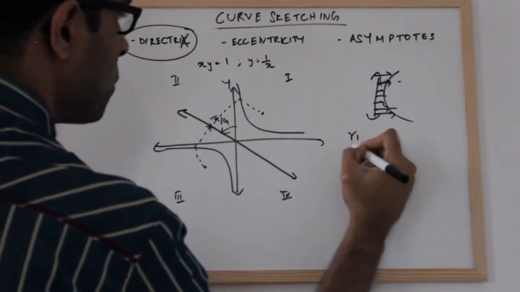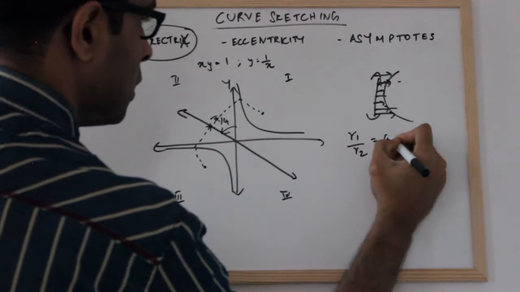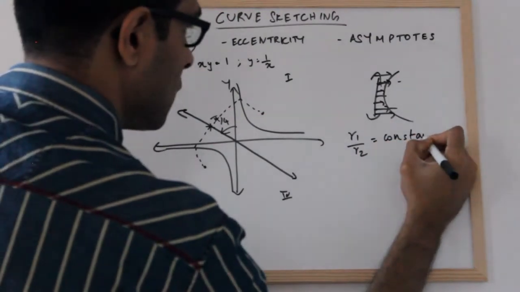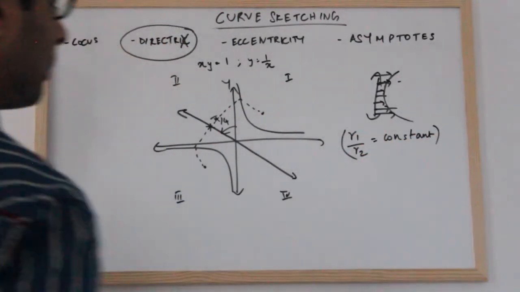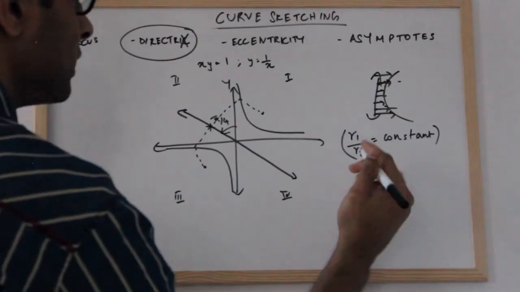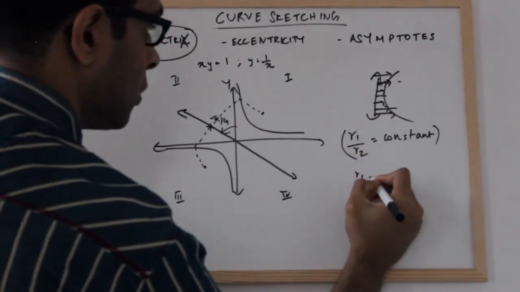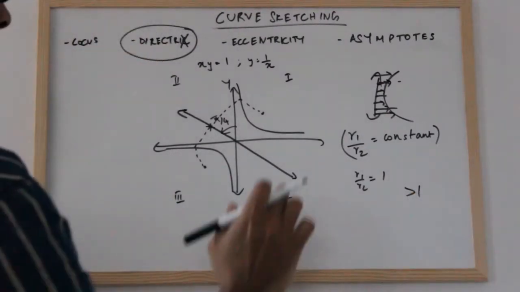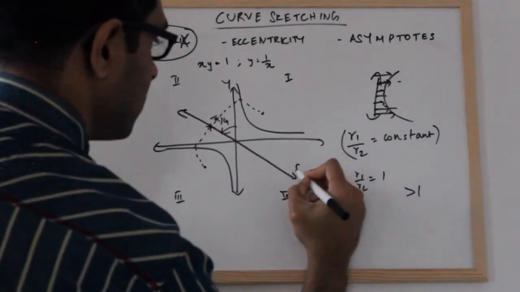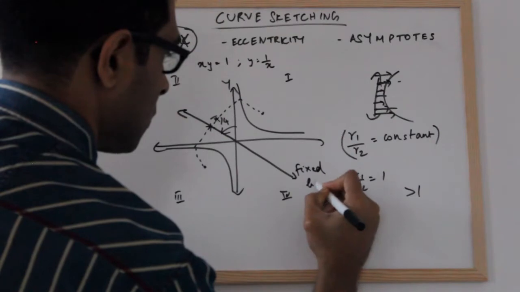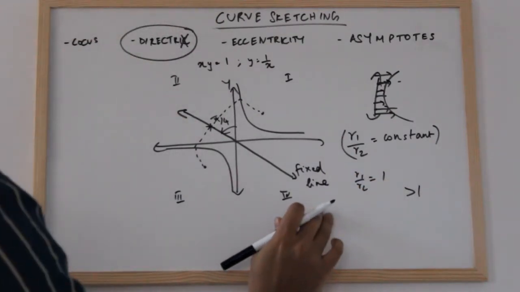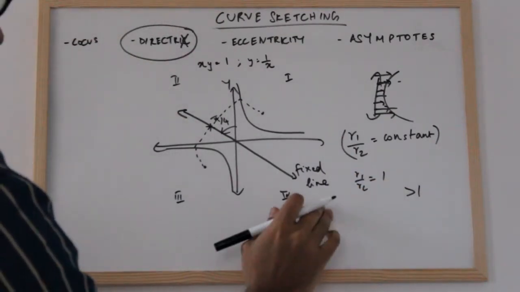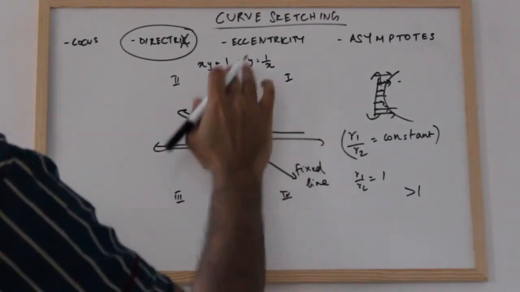That is, the ratio R1 by R2 is constant. For parabola it's equal to 1. For hyperbola it's greater than 1. So a fixed line in here, which is called the directrix, has been used to generate the hyperbola.